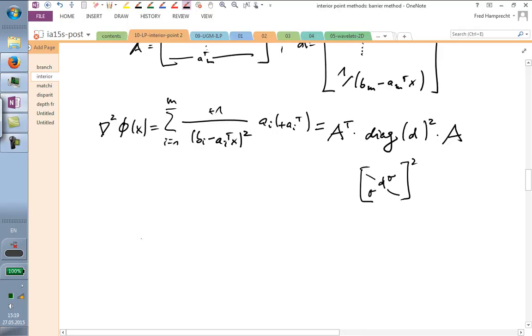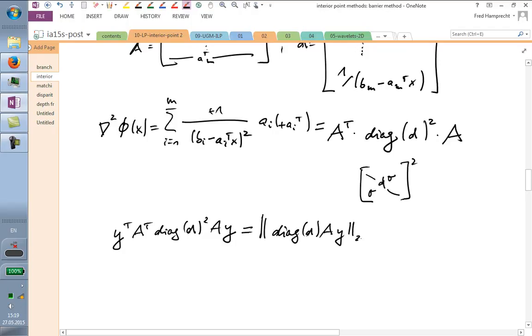And you can write this as y transpose, and then this matrix A transpose, which can be rewritten as the squared Euclidean norm of some vector.